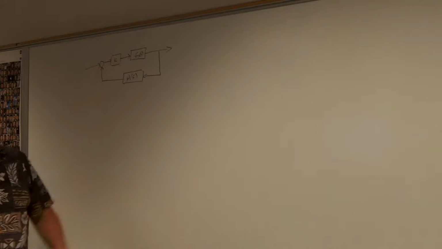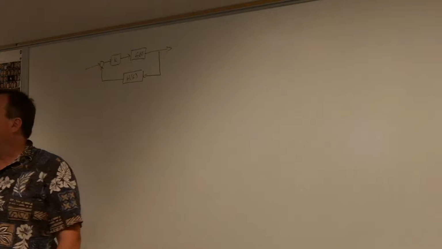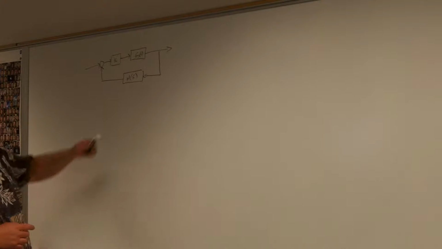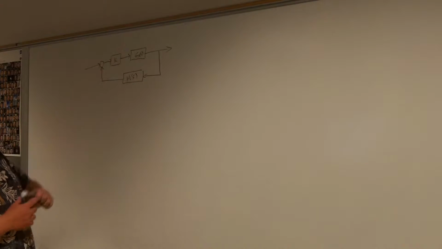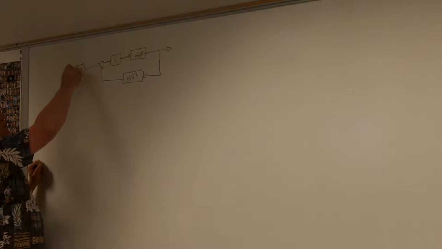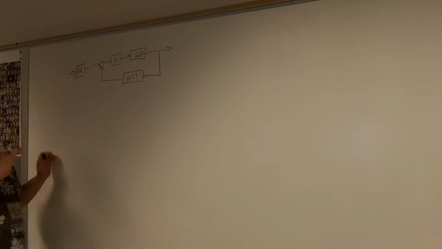I can't in general get anything to this form. Imagine G of S is what you're trying to control. This is your plant. You'll also see these are fairly typical letters, G, H. Some people add in an F over here. I'm going to drop that in a sec.